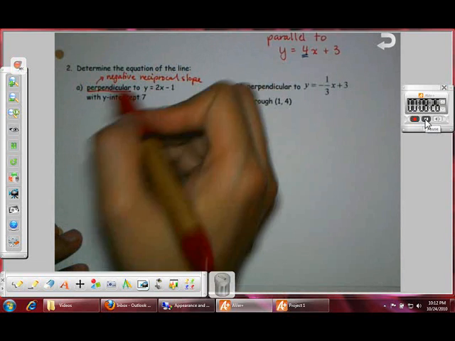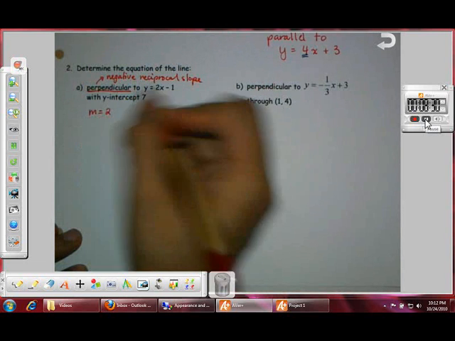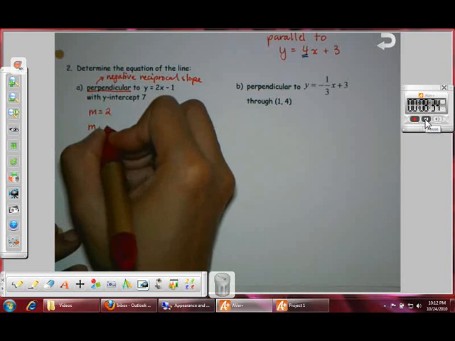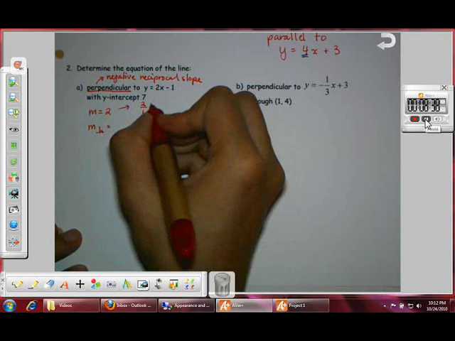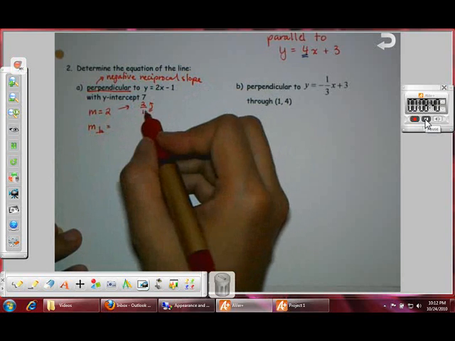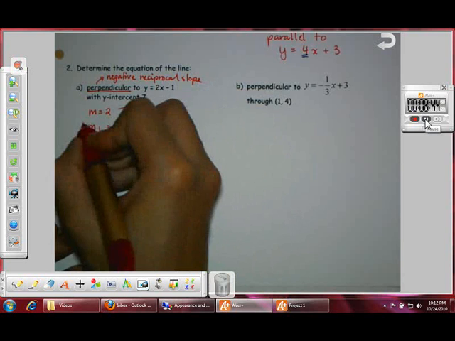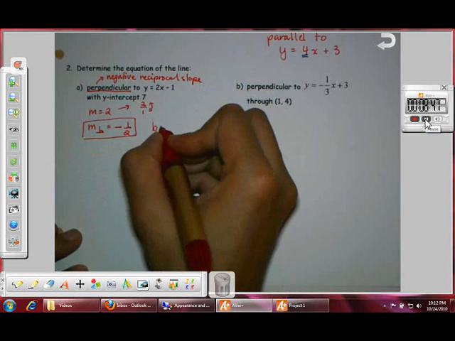The equation it needs to be perpendicular to has a slope of 2, which is the same thing as 2 over 1. We're going to flip that and take the negative of it, which is negative 1 half. So we've got a slope of negative 1 half, and we have a y-intercept of 7.